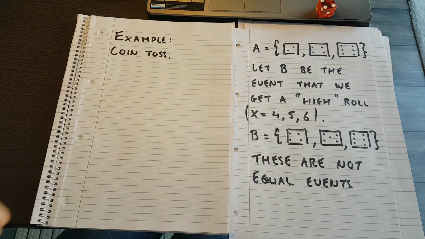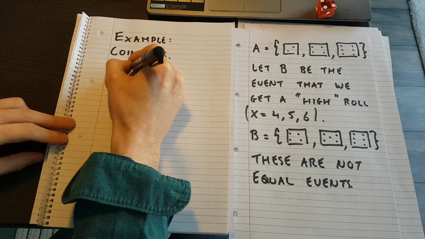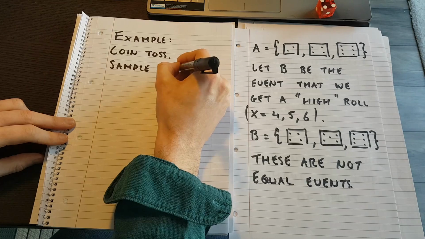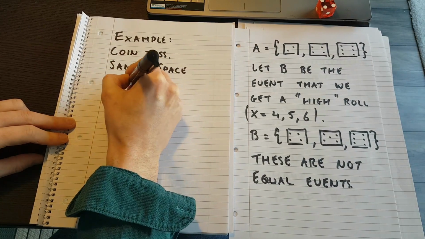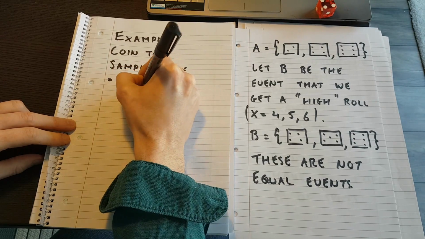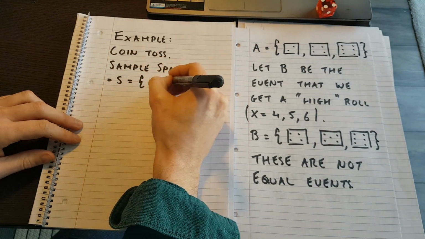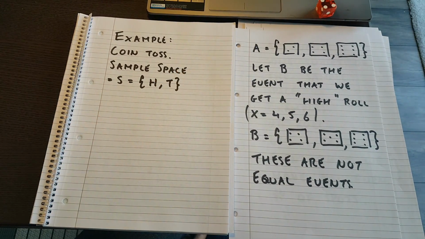Well then my outcomes, that's my sample space. My sample space is equal to, I'll call it S, and I only have two possible outcomes. Either I get a head or I get a tail.